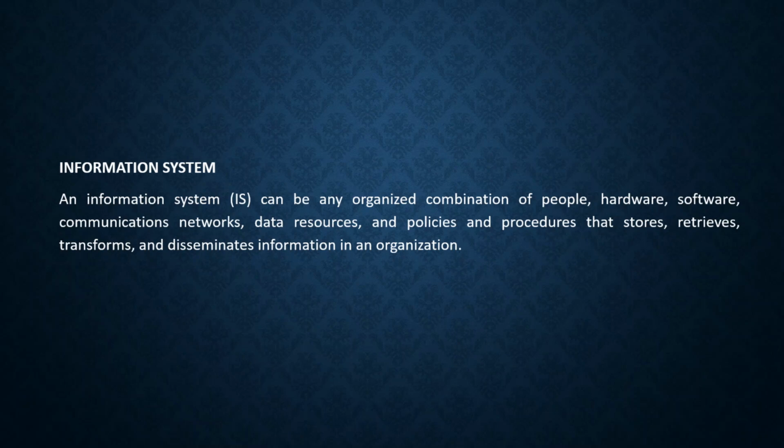So an information system gives some information. That may be some decision-making information, or just general information, or some information that will be used as an input to other sources, other systems.